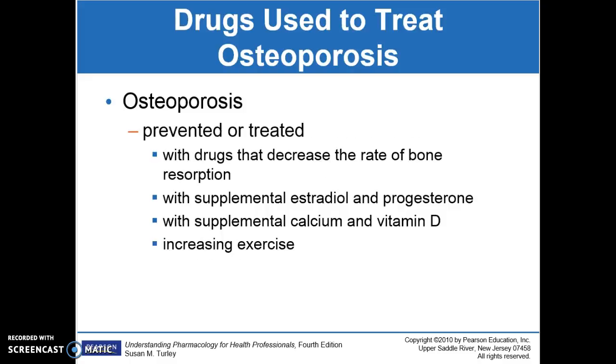So we want to look at some of the things that we can use to prevent and to treat those people who are suffering or who may be at risk for osteoporosis.